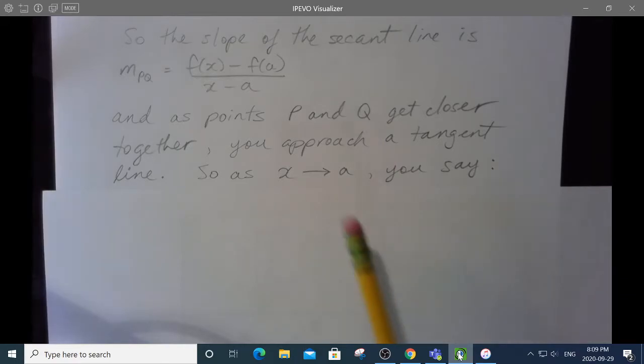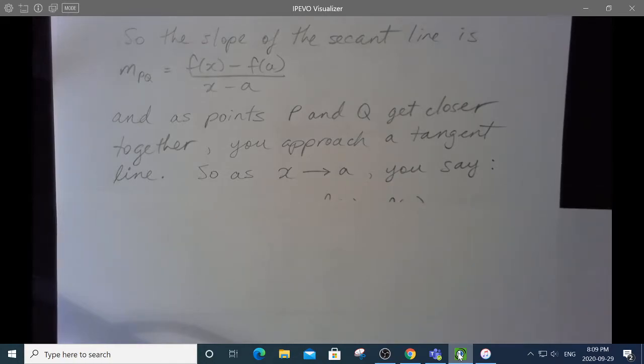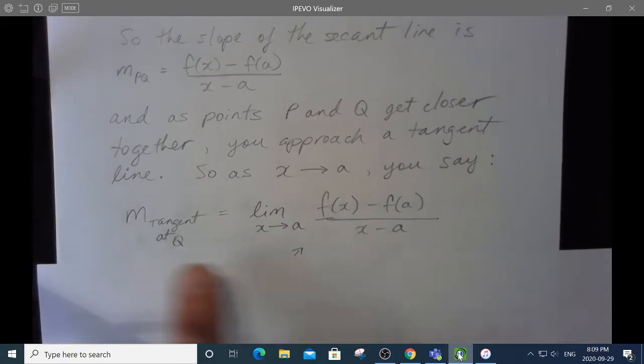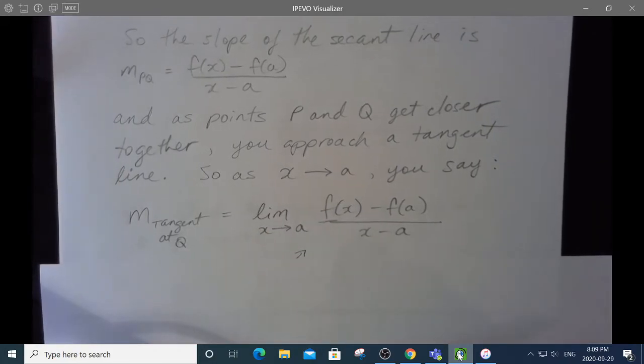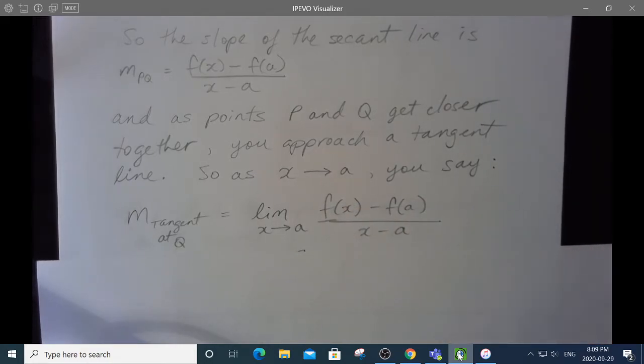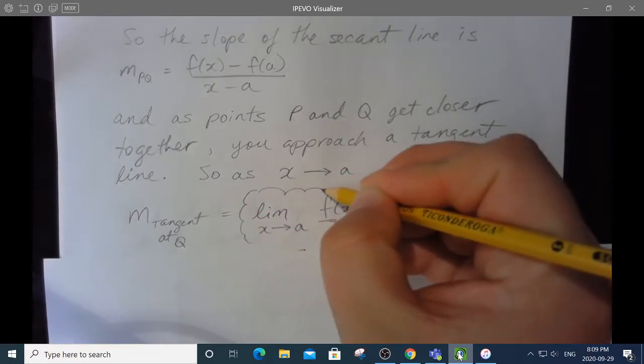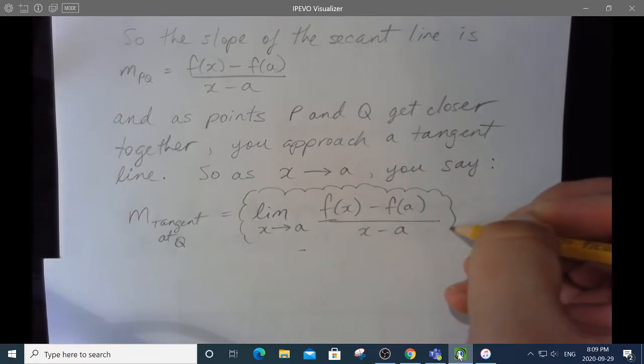Remember this symbol means "as x approaches a." You would say that the slope of the tangent at point P is the limit as x approaches a of f(x) minus f(a) over x minus a. This is the important part of this part of the lesson.